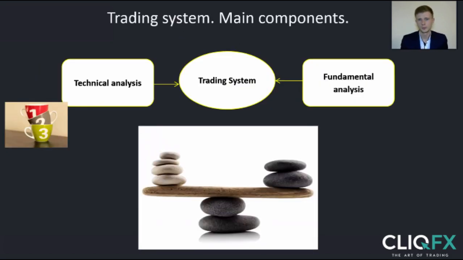What about the main components? I think that you know them, but I will tell it one more time. A trading system consists of two analyses: fundamental analysis and technical analysis. Technical analysis consists of three analyses: mathematic or computer analysis, candle analysis, and graph analysis.